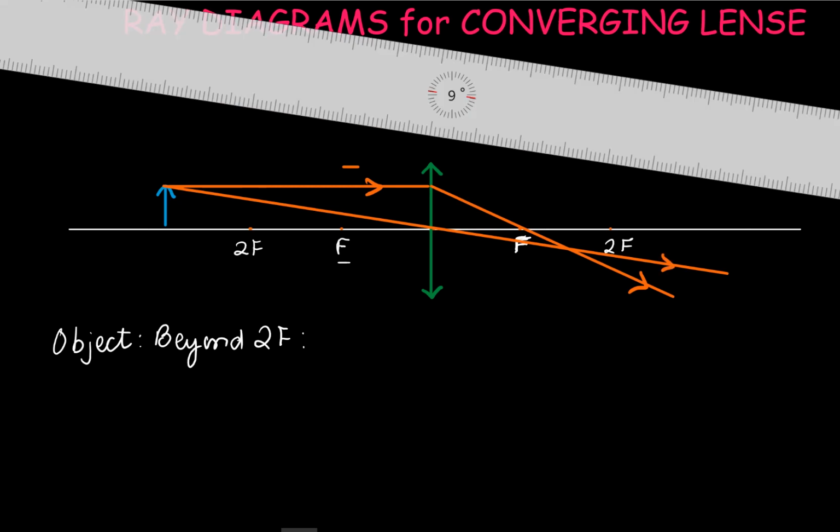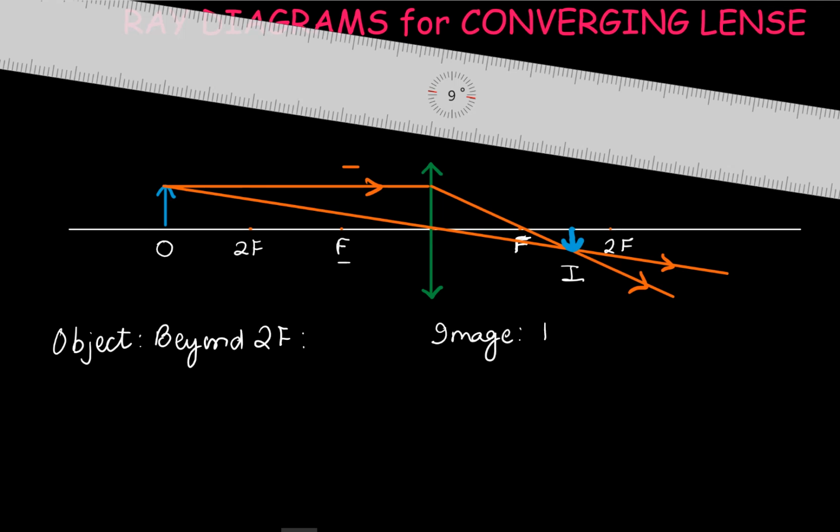To mark the position of the image, you simply need to drop a line from the principal axis to the point where the two lines intersect. That's going to be your image. And this is my object represented by O. Now let me explain to you the nature, size and position of the image.